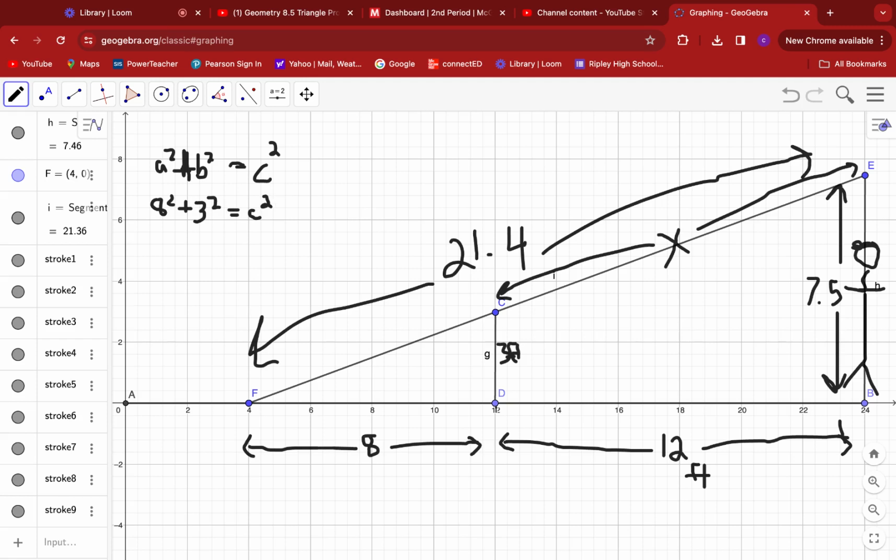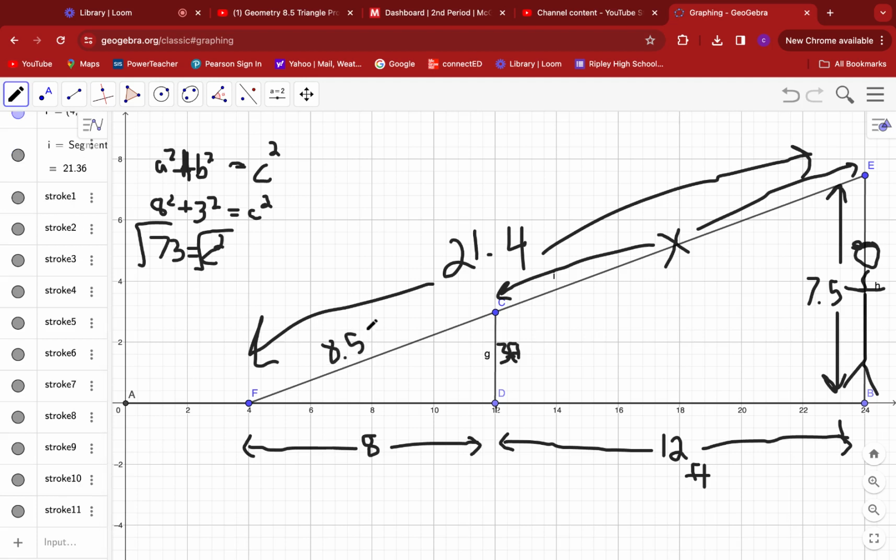That's going to give you 73. The opposite of squaring is to square root that. So what we are finding is the distance of the hypotenuse of this small triangle. It looks like it's about 8.544, and a bunch of other numbers behind that.